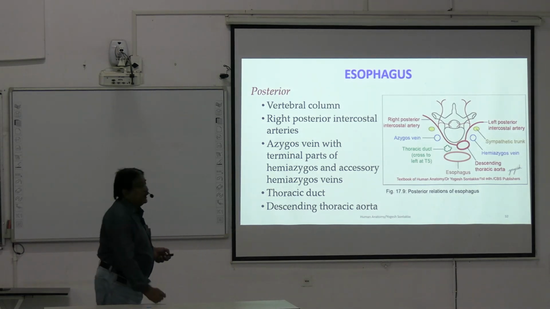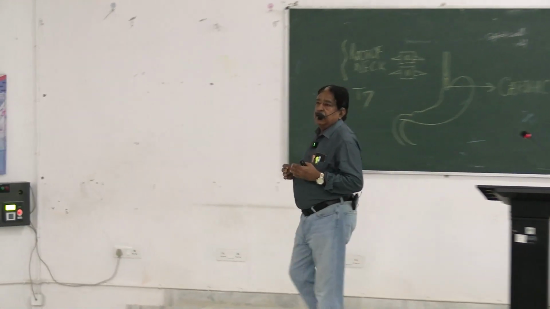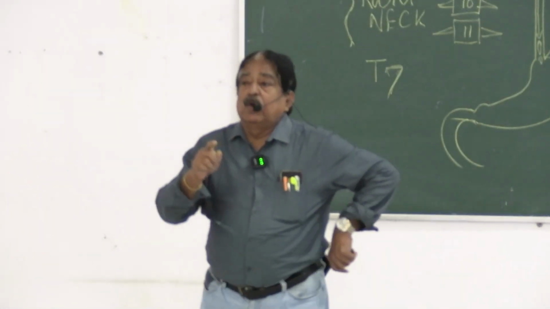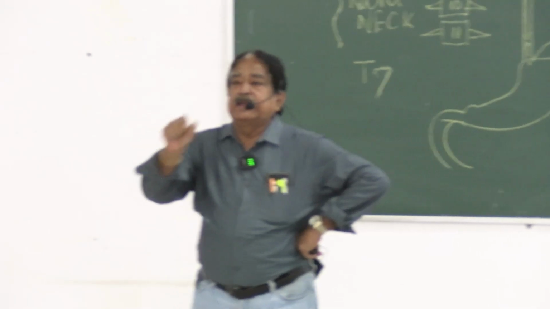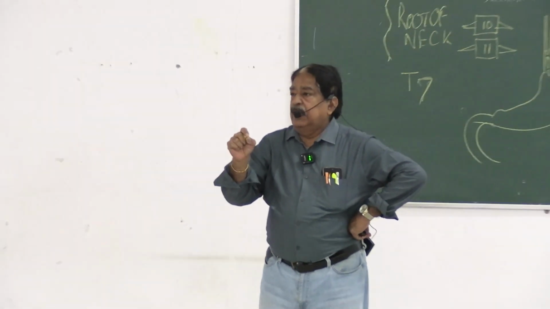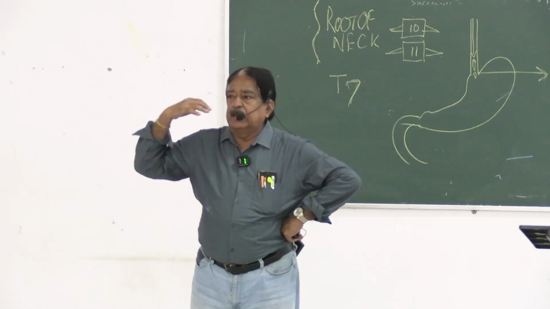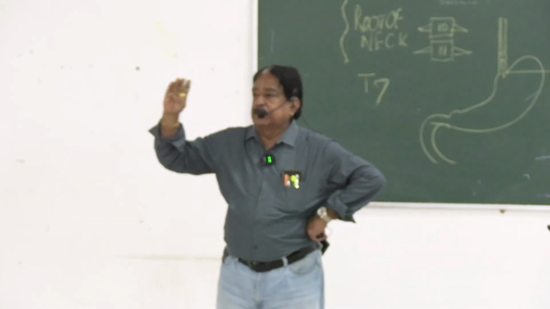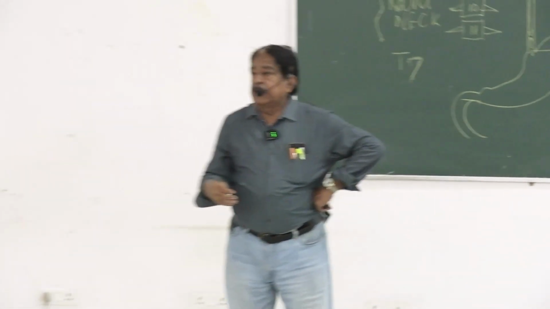You go on mugging, memorizing, but what I want to stress is, when you are studying anatomy, you try to draw these simplified diagrams and you label them. It will stay in your memory for a longer duration, and it will be easy to build up the story.